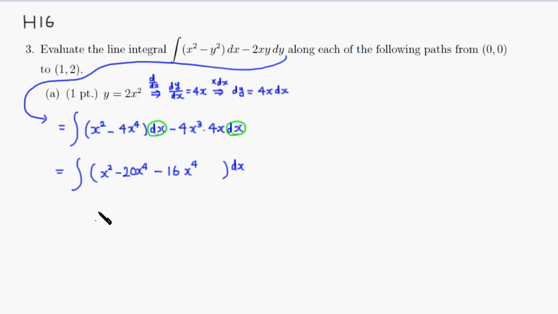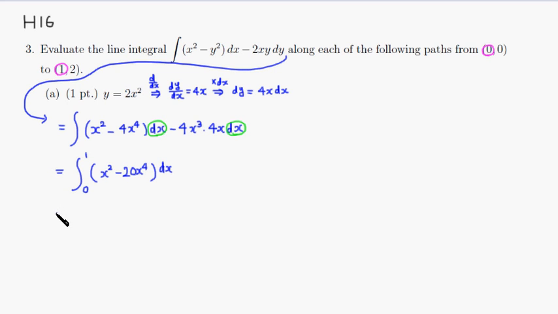Then we don't need this, and I'll just move this over. So that's that, and this is only in terms of x, and you can see that x goes from 0 to 1, so we can put 0 to 1.